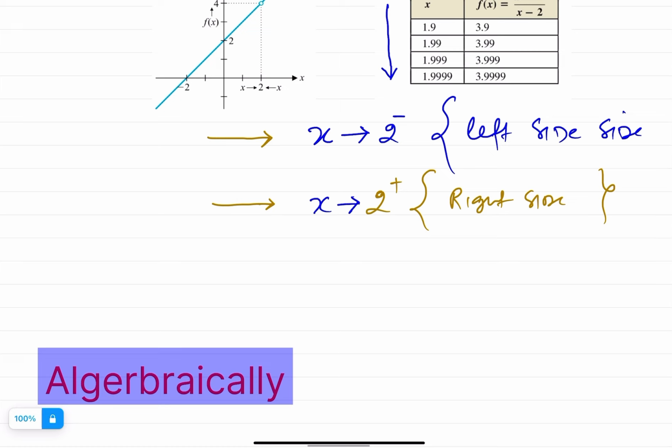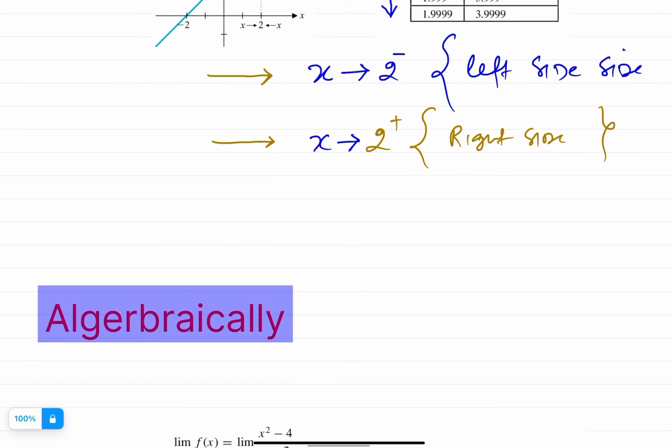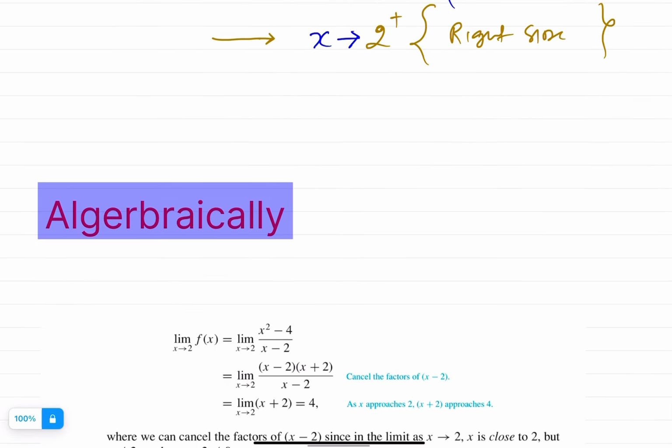Or algebraically, if you want to find the limit of a function, remember, we cannot put the value equal to 2. The reason is that when we put 2, we get the 0 by 0 form, which is undefined.